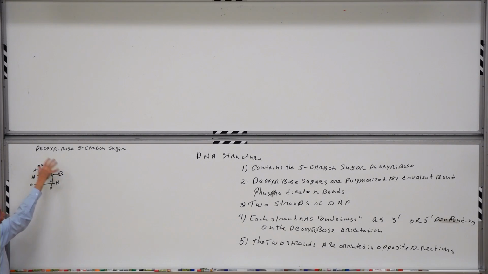So that's fundamentally the structure of the sugar. But in addition, the other point I want to make is that this number 5 carbon can have on it an oxygen, a phosphorus, an oxygen, a phosphorus, an oxygen, and I wish I had more room, another phosphorus. This is a triphosphate.